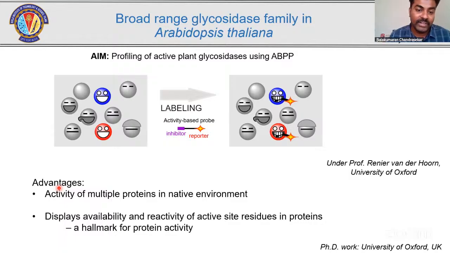So applying activity-based protein profiling for profiling glycosyl hydrolases will be a great asset to characterize this important class of enzymes. Another important role of activity-based protein profiling is that it displays the availability and also the reactivity of active site residues, which is a true hallmark for protein activity.